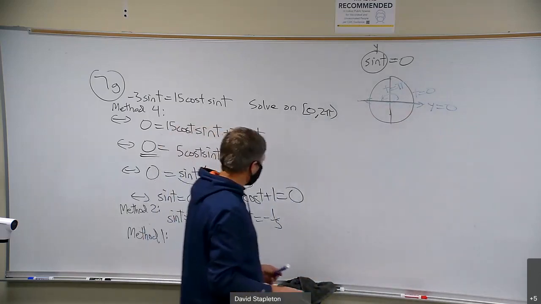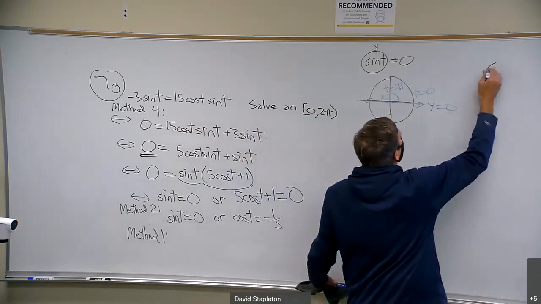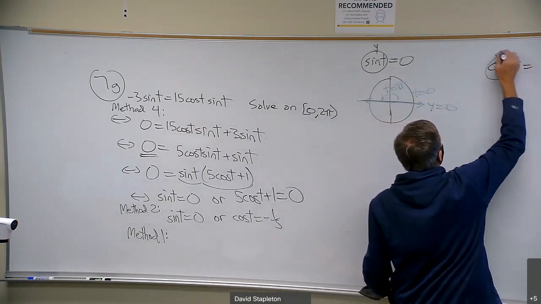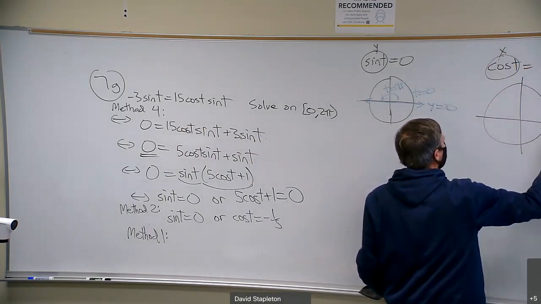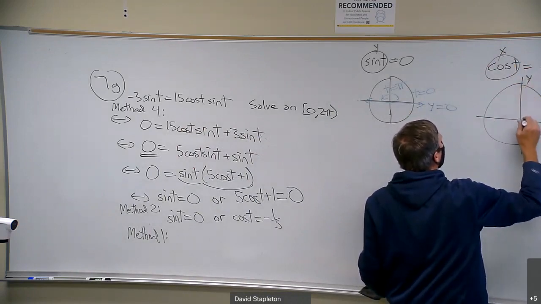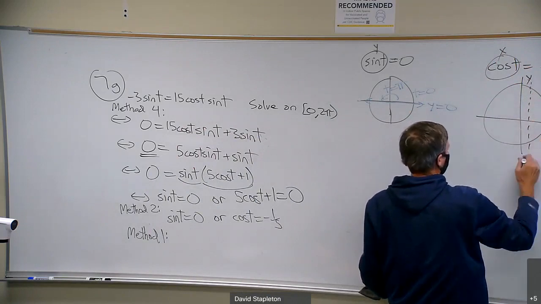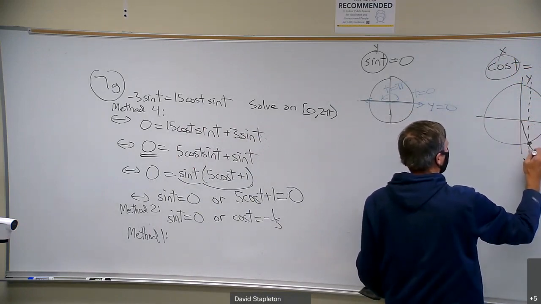The second one is cosine t equals 1/5. Cosine is the x coordinate, x and y. So I have 1/5 of the way over here, x equals 1/5. Tells me there's 2 terminal rays here.